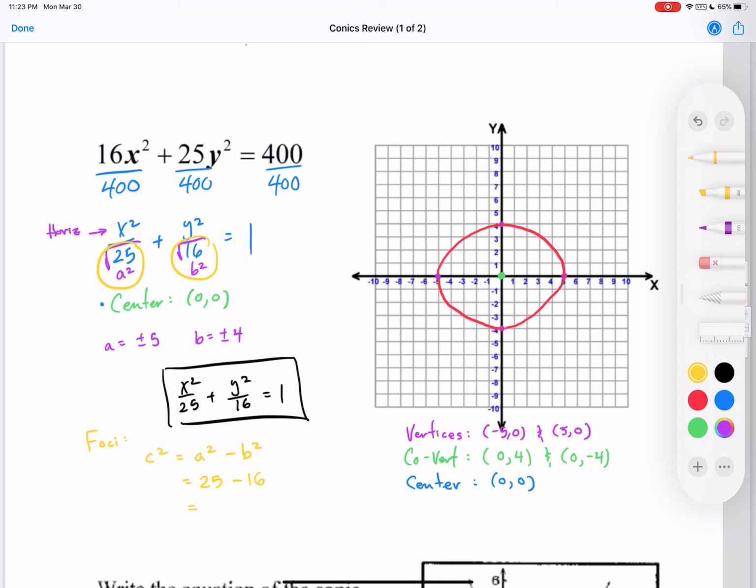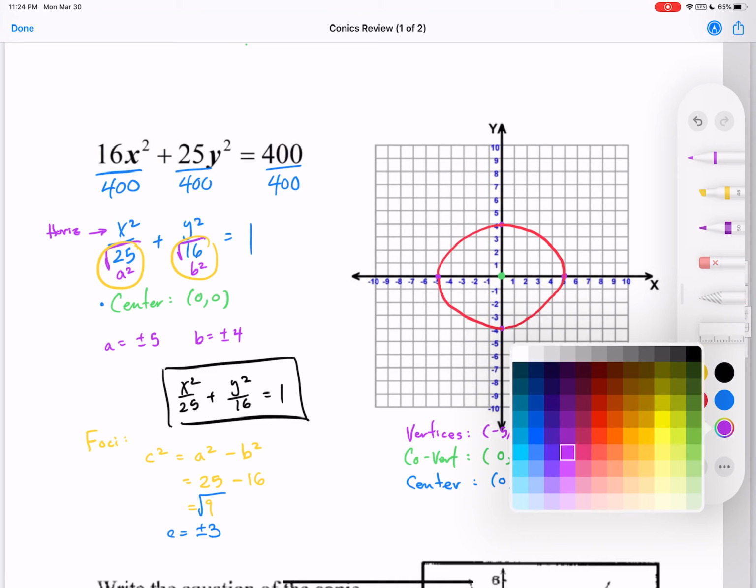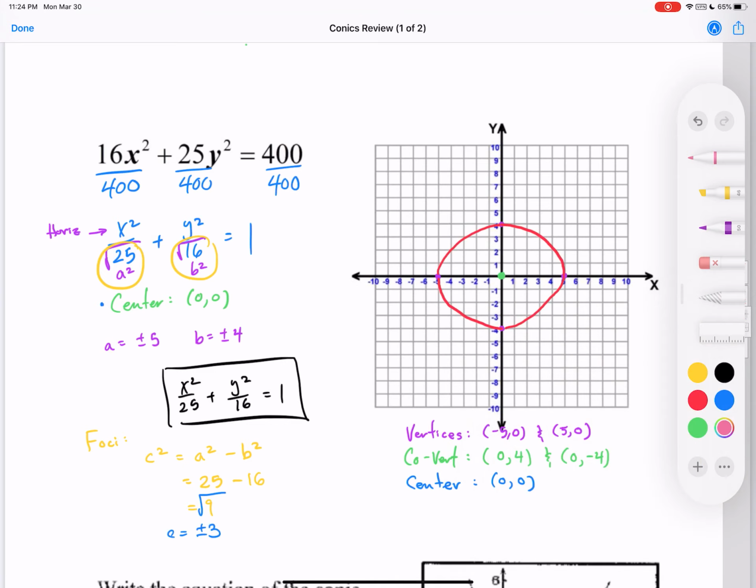And that's nice because 25 minus 16 is 9. And in order to find out what c is, it's just the square root of that, so that's going to be plus or minus 3. So we're going to go plus or minus 3 from the center. And remember, we have to follow the same major axis, the same line with the center and the vertices.